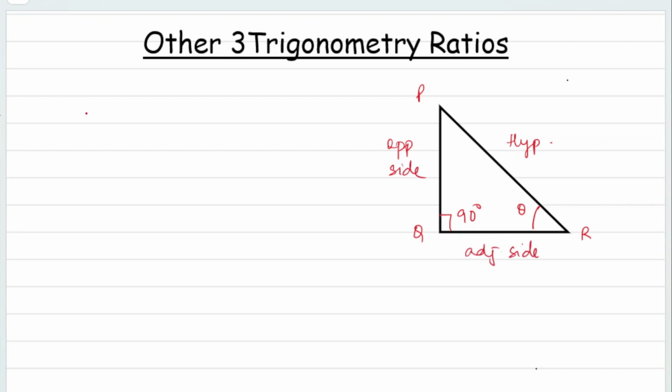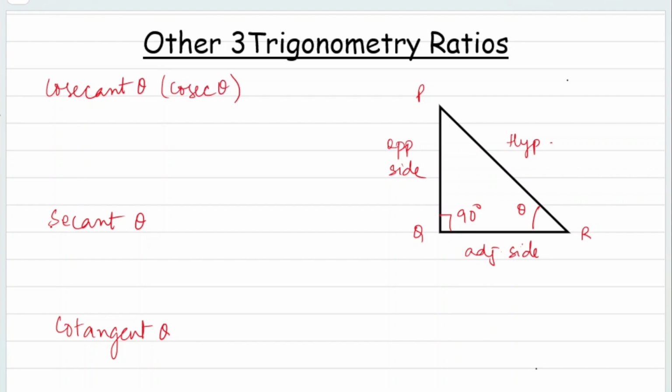My next three trigonometric ratios are cosecant theta, then I have secant theta, and my last one is cotangent theta. Cosecant theta, in short, is written as cosec theta. Secant theta is written as sec theta. And cotangent theta is written as cot theta.